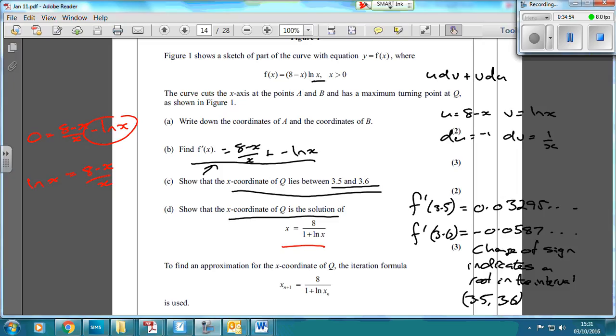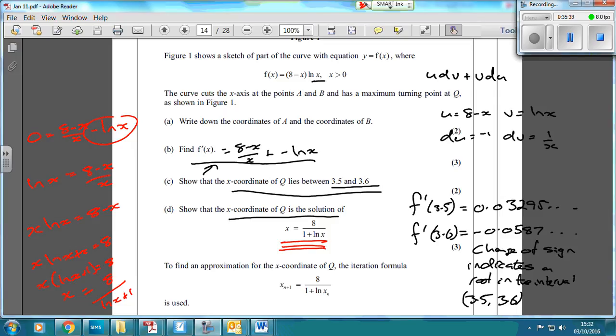If we then multiply that by x, we've got x log x equals 8 minus x, and we then add the x over. It's going to be x log x plus x equals 8. If we factorise the x out, it's x brackets log x plus 1 equals 8. And we divide through, x equals 8 over log x plus 1, which is the other way around of this thing here.